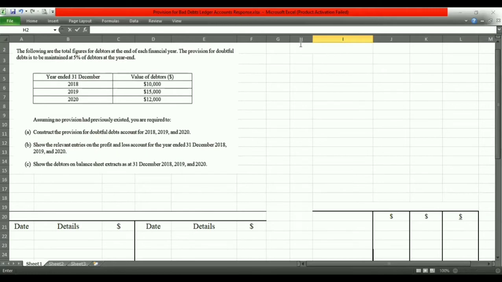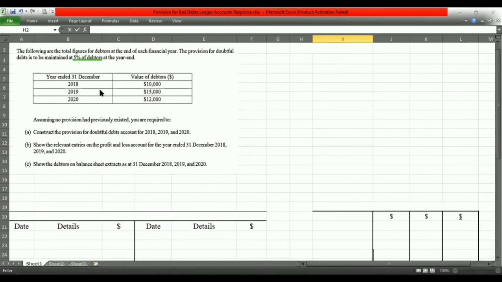So what we're saying is that the provision for doubtful debts must be maintained at 5% of debtors at the end of the year. Now, we're seeing where the first year, which is 2018, debtors value at the end of the period is $10,000.